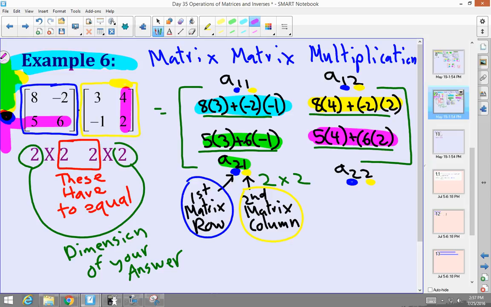Okay, so then when you finally get your answer, you can simplify those numbers. So you're still going to have the yellow chunk, the purple chunk, the blue chunk, and the green chunk.